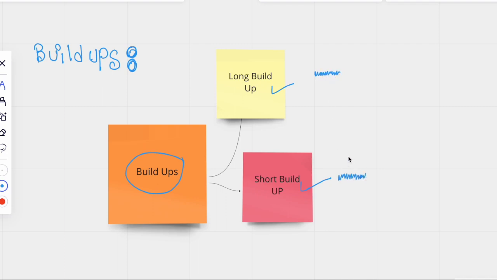For the beginners who do not know anything about build-ups, let me try to explain with an analogy. I love to give narratives, even with my students. Let's say you and I are arranging a party, okay? And we are short of time.